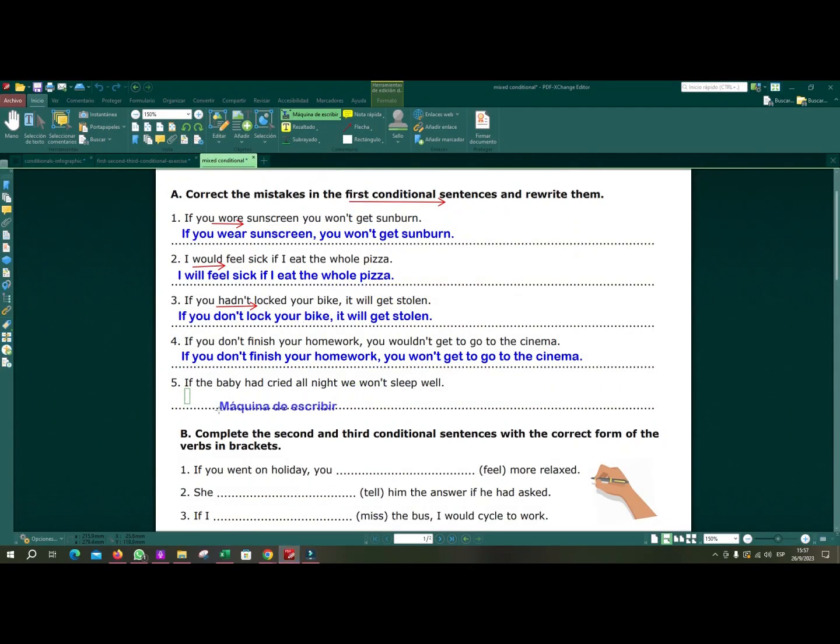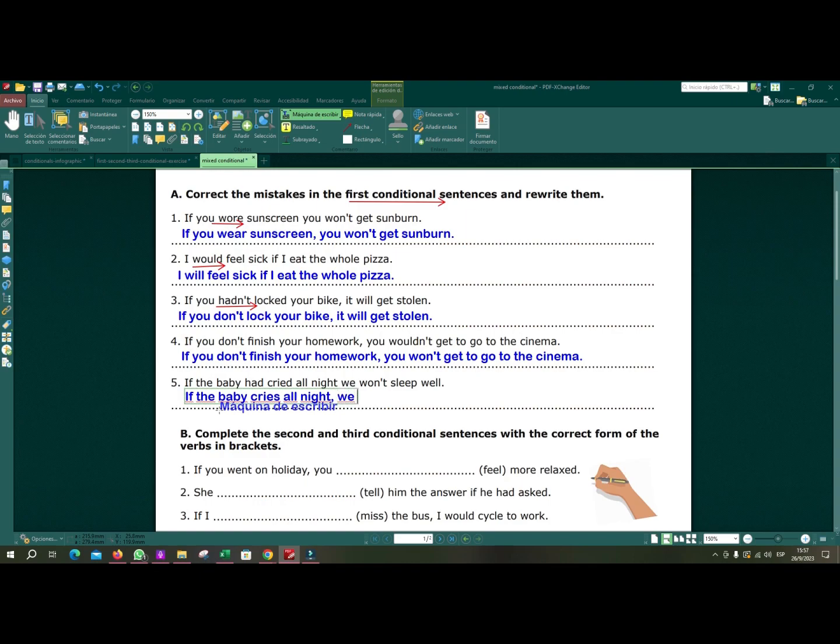Remember that is first conditional, so you need the simple present there, right? So that will be if the baby cries all night, comma, don't forget the comma here, right?